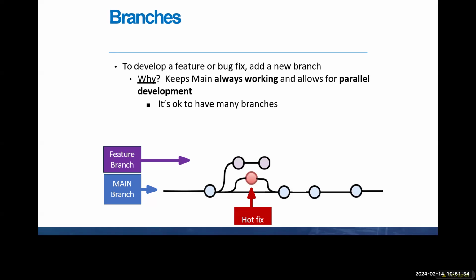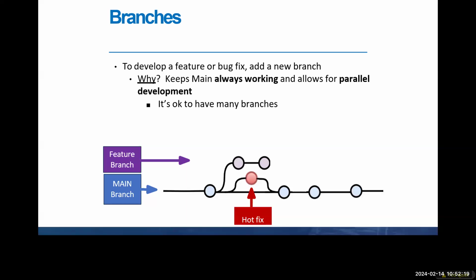Why? Because the main branch is the branch that has the latest version and should always be working, because at any time everyone can access it to get the work and finish working on it. So this version should always be working.